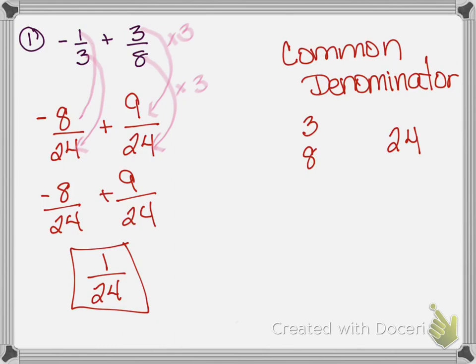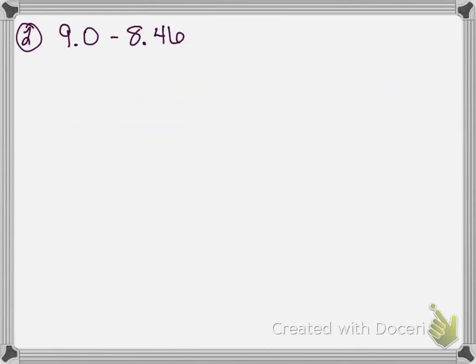The next one is adding and subtracting decimals. So what I have here is the number 9. You can also write that as 9.0 minus 8.46. Now, you're not going to have your calculators. So what you have to do with this is be sure that you're lining up your decimal. When you are adding and subtracting decimals, your decimals have to be lined up.